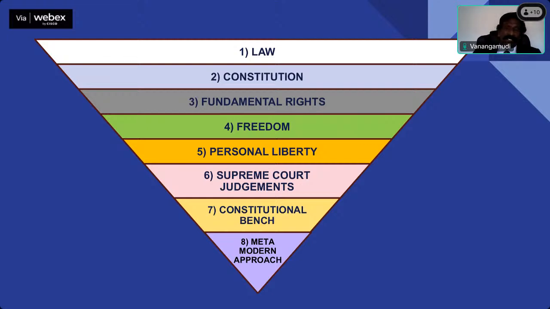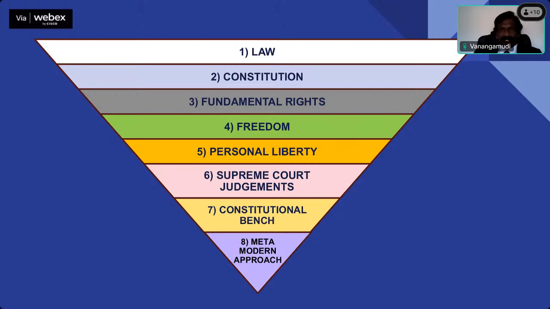My dear students, in this one PhD topic, I understand 25 persons can do PhD. In this single area, you can do, because meta-modern is not a single concept. Let me tell you one thing. For instance, there is a concept called heterarchy.